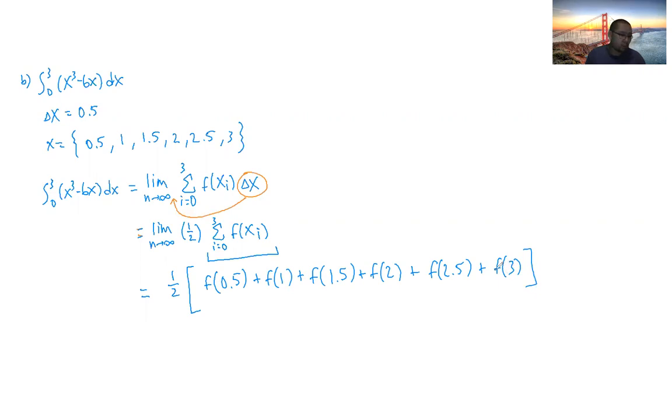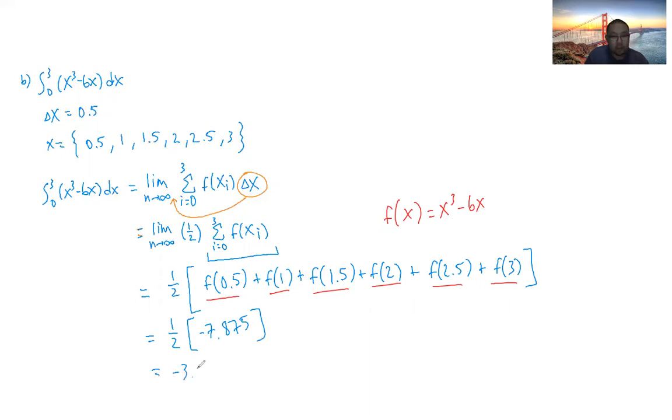Okay, and when you put that into a calculator, the function you're evaluating at each point is x cubed minus 6x. You're going to end up with a value inside the bracket of negative 7.875, which is going to end up being negative 3.93.